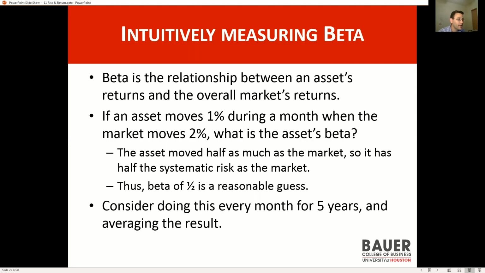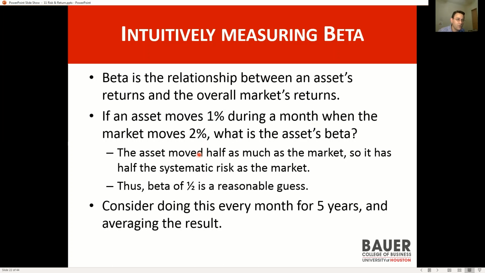If the beta is the relationship between an asset's return and the overall market return, then we can just compare these two things to get an estimate of the beta. So for example, suppose an asset moves 1% during a month, where the market moves 2%. If this is all you know, that during 1 month, your asset moves 1% and the stock market moves 2%, what could you do to calculate the beta?